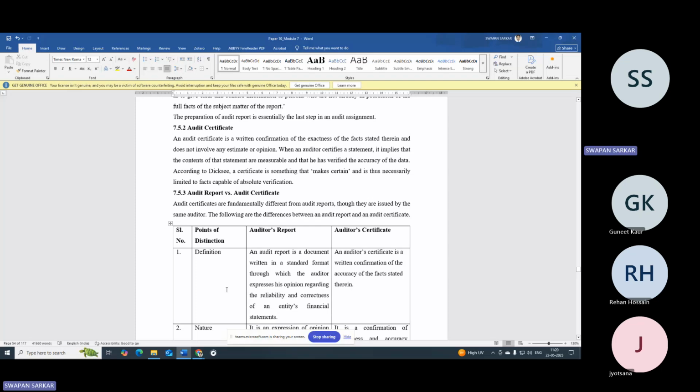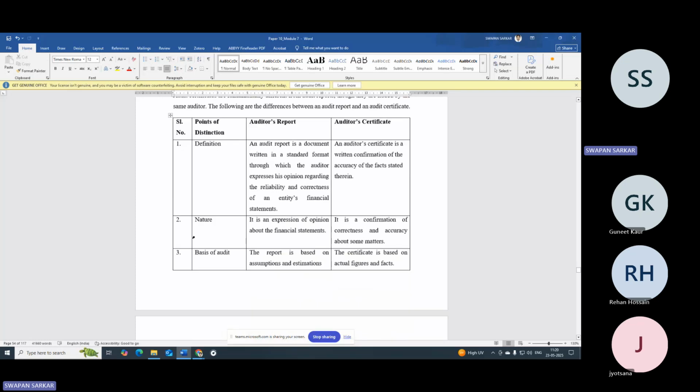Now, there are certain important differences between the two documents, audit report and audit certificate. These are discussed below. First, definition. An audit report is a document written in a standard form through which the auditor expresses his opinion regarding the reliability and correctness of an entity's financial statement.